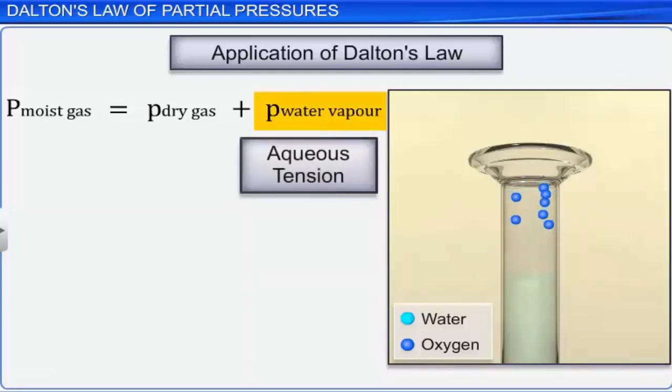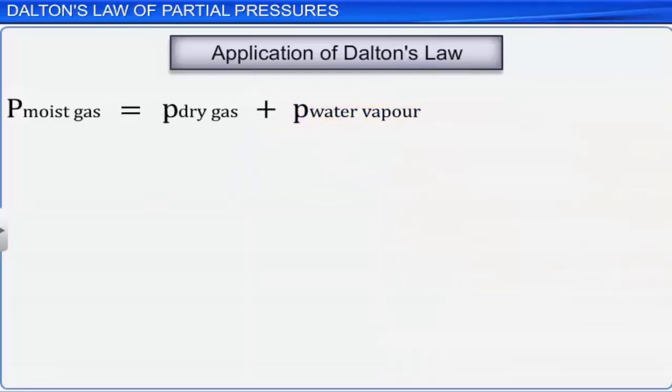If the pressure of dry gas and the moist gas are represented as P and P, and the partial pressure due to water vapor, commonly called aqueous tension, can be expressed as P dash, then, by Dalton's law of partial pressures, the total pressure exerted by a moist gas, that is, P is equal to the partial pressure of the dry gas, P, plus partial pressure of the water vapor, P dash.